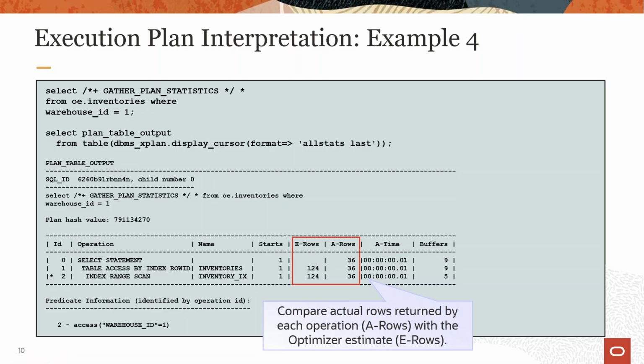Now, we have already seen in one of the previous chapters that when the optimizer builds an execution plan, it makes an estimation of the number of rows it thinks are going to be retrieved by that select statement. It's an estimation, in fact. What you can do is decorate your select statement with the hint gather plan statistics, and then display the execution plan to show all statistics.